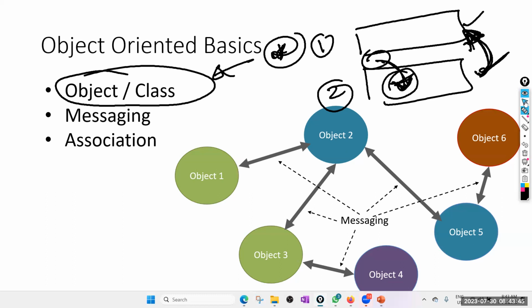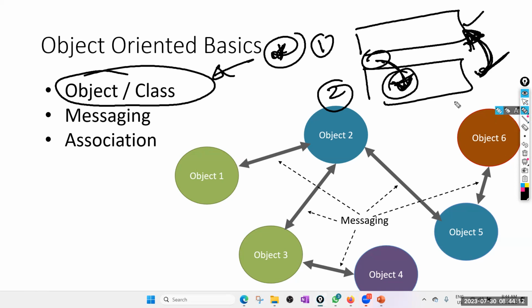Because first what you see is objects, not the classes. You can see customer objects, student objects, payment objects, order objects, account objects. So this is the first part. Class is a blueprint for the object, or we can say a class models a set of similar objects.